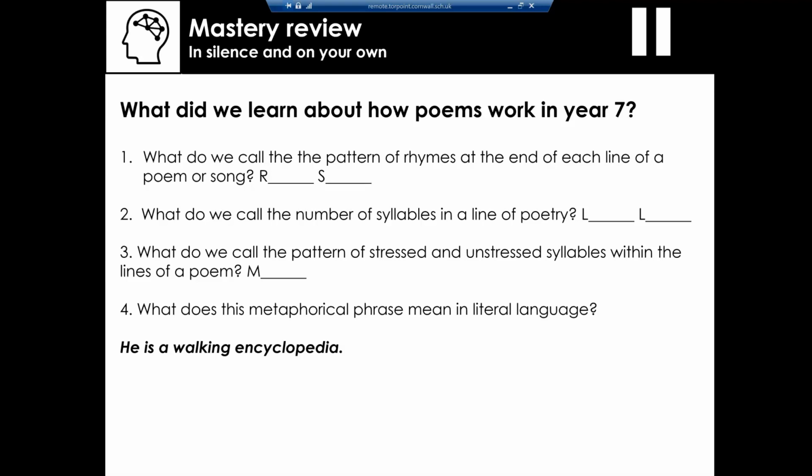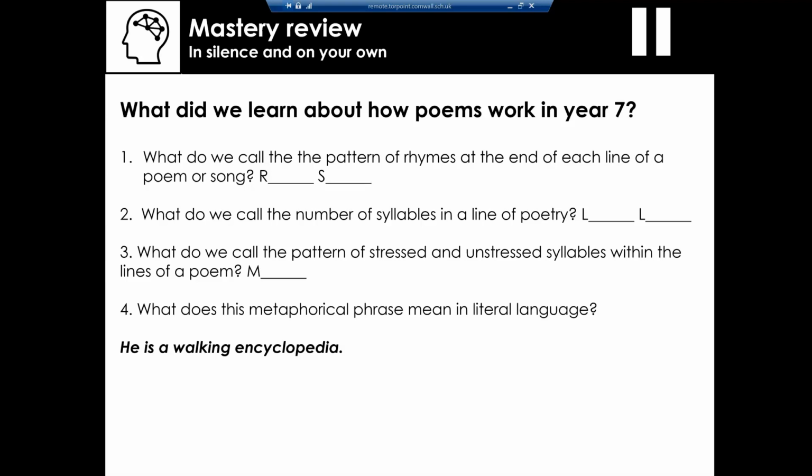So question 1. What do we call the pattern of rhymes at the end of each line in a poem or song? Number 2. What do we call the number of syllables in a line of poetry? Number 3.